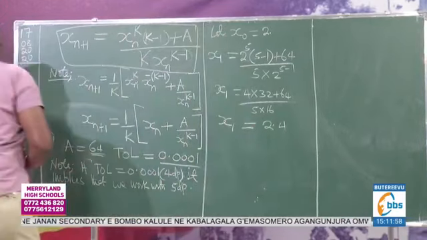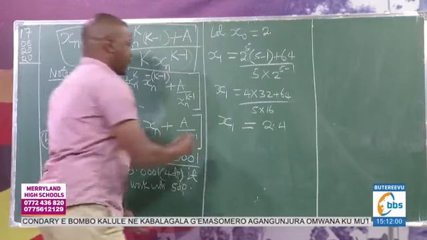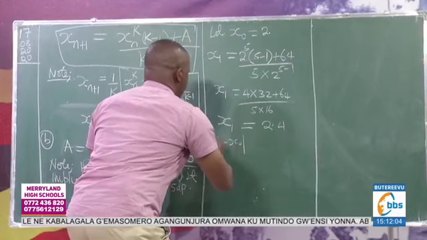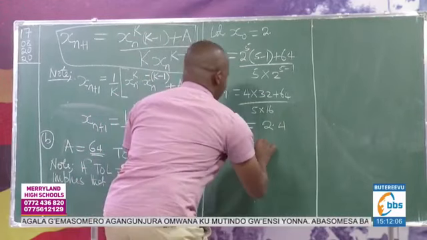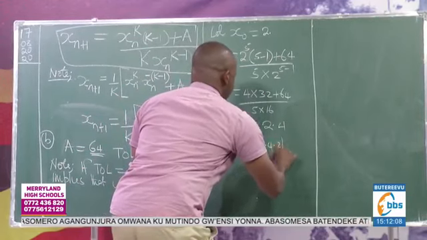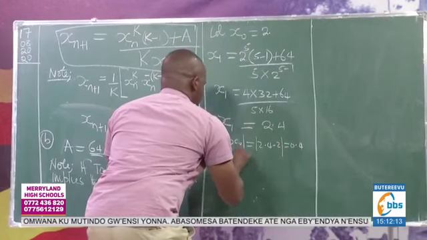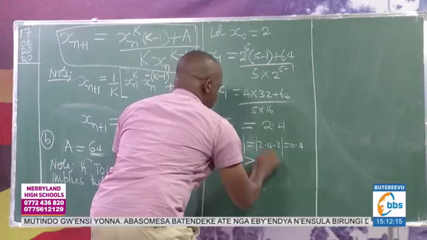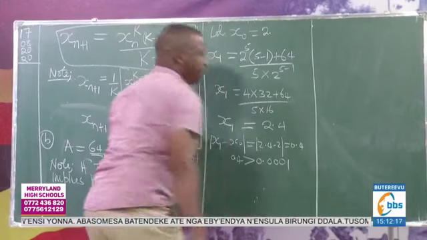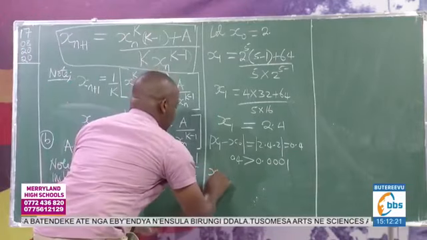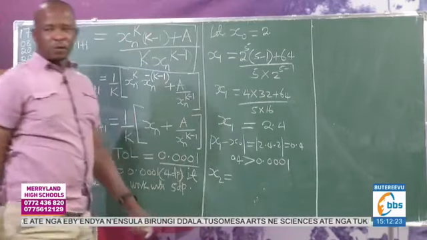After getting 2.4, you are expected to get the tolerance. x1 minus x naught modulus will give us 2.4 minus 2, which will give us 0.4. And we say that 0.4 is still greater than 0.001. This implies that we need to take a second iteration to look for x2.